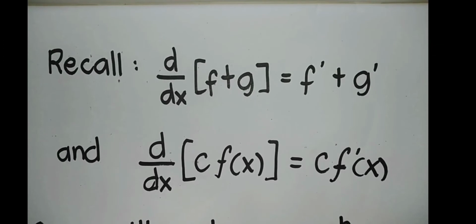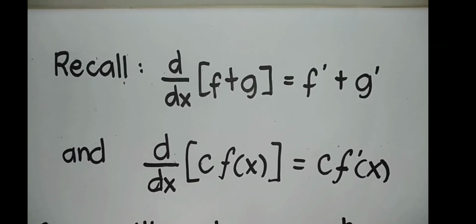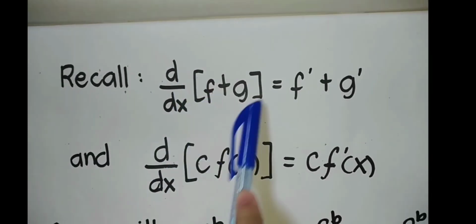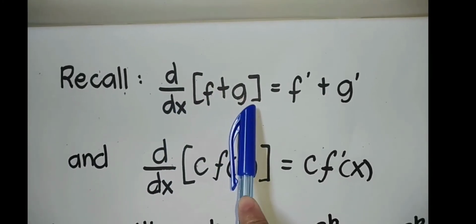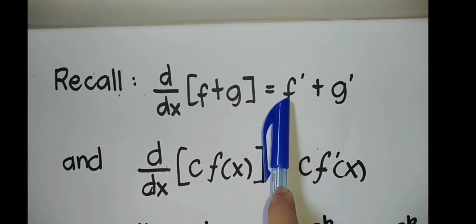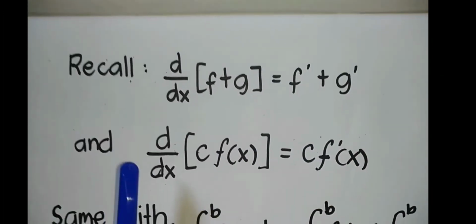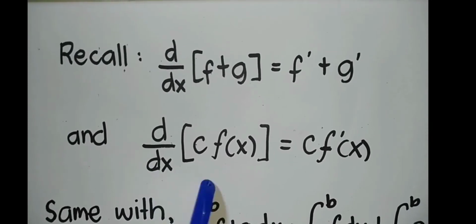In order to understand the Laplace transform, we just need to recall this. The derivative of a sum is equal to the sum of the individual derivatives. We can also pull out some constant.